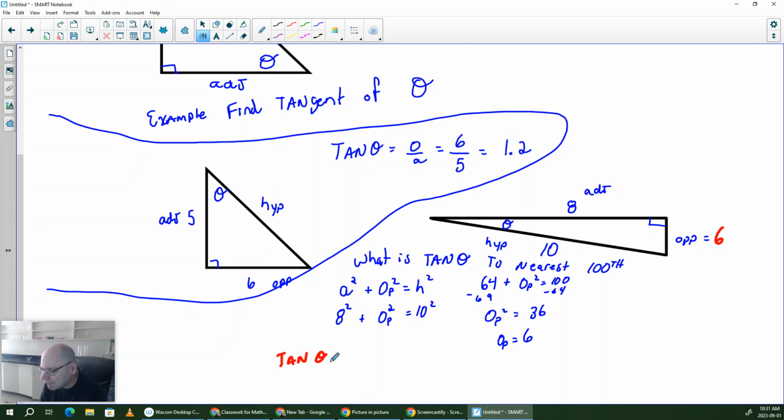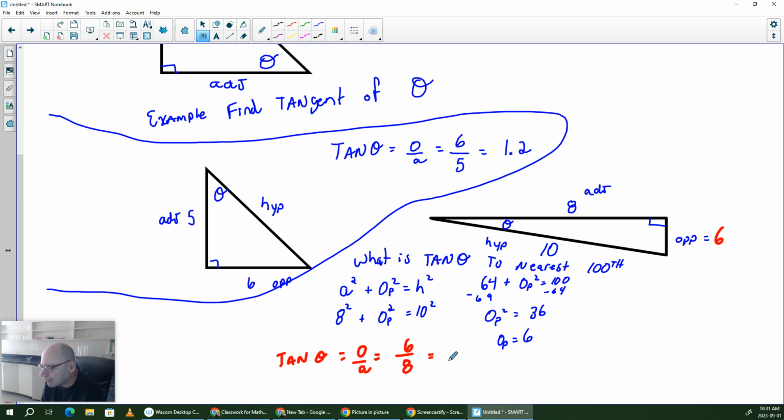So sometimes they'll make you have to use Pythagorean theorem to get that missing one of those 2 legs. So that's going to be the opposite over the adjacent. And then opposite is 6, and the adjacent is 8.